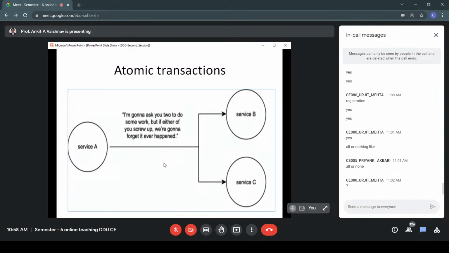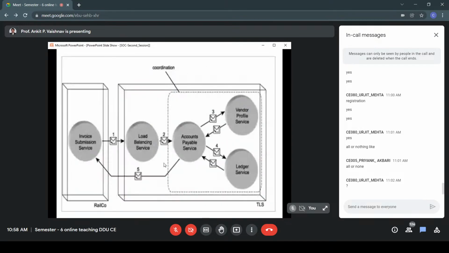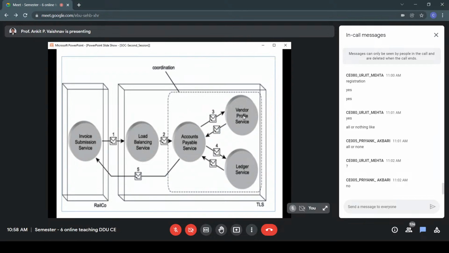So in some situations, can I say that this is again an example of atomic behavior? If the vendor profile is not able to validate the invoice, will you make payment? If the vendor profile is not able to check the contents, you will not be making payment. That's correct.